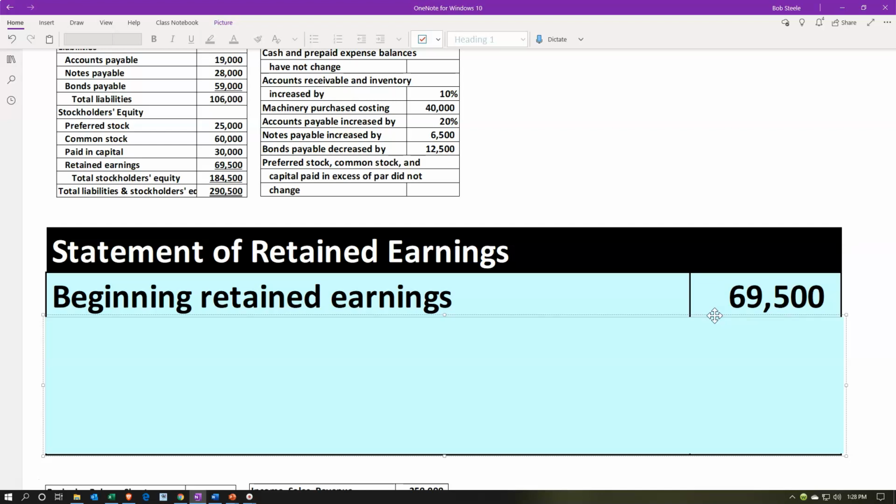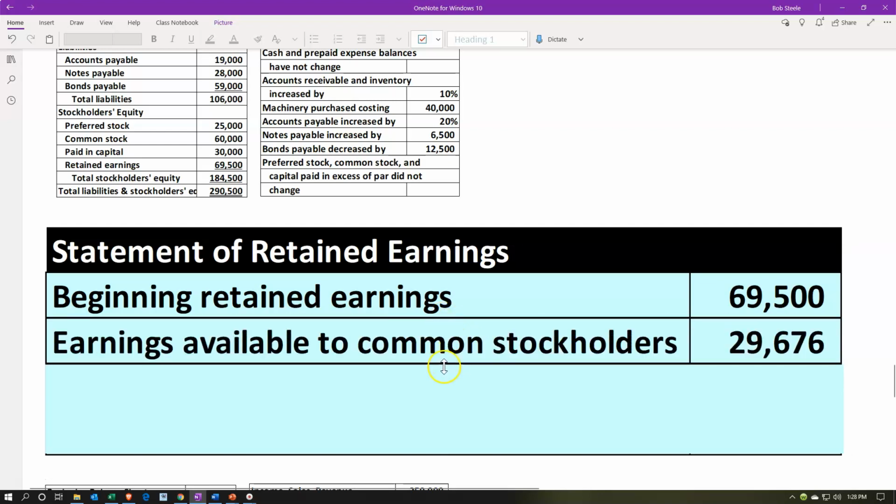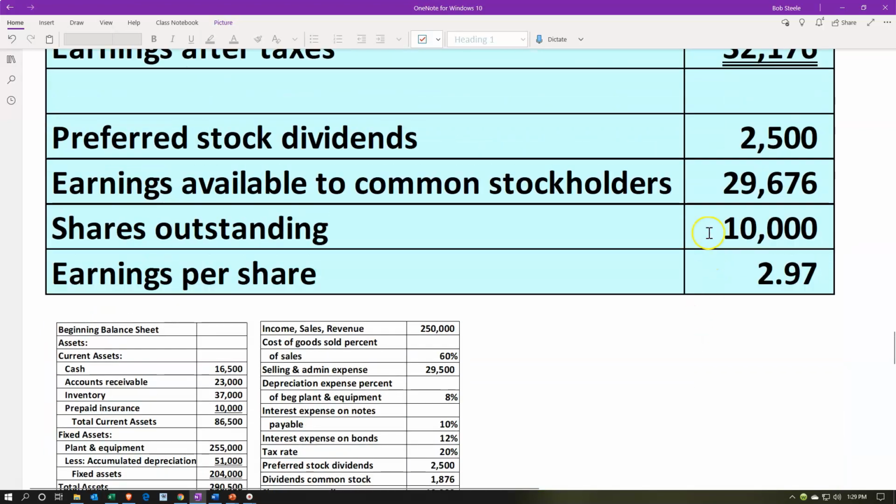Because remember, the balance sheet is as of a point in time. So we're going to reconcile last year's point in time for retained earnings, and then record the change in retained earnings, which is going to include the net income, or if there was preferred stock, then we're taking the earnings available to the common stockholders, in this case the $29,676, which we're getting from the income statement.